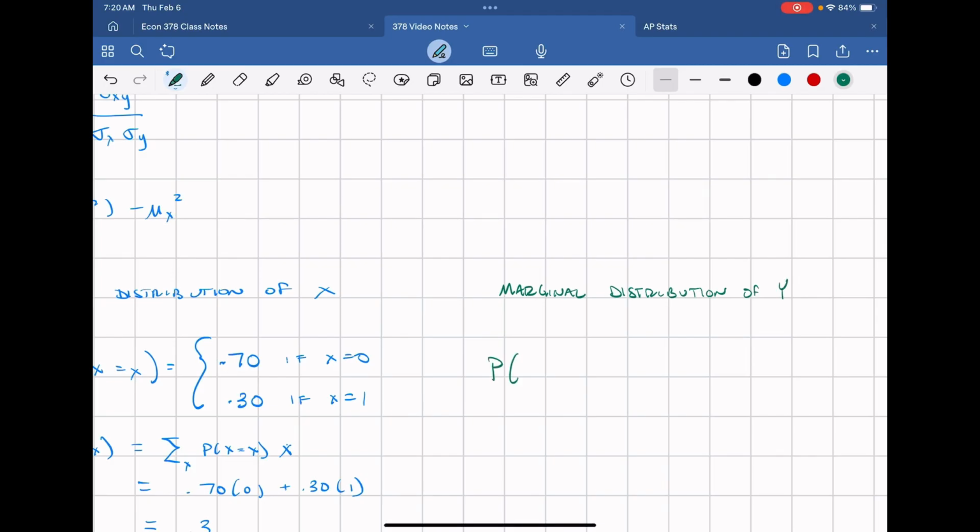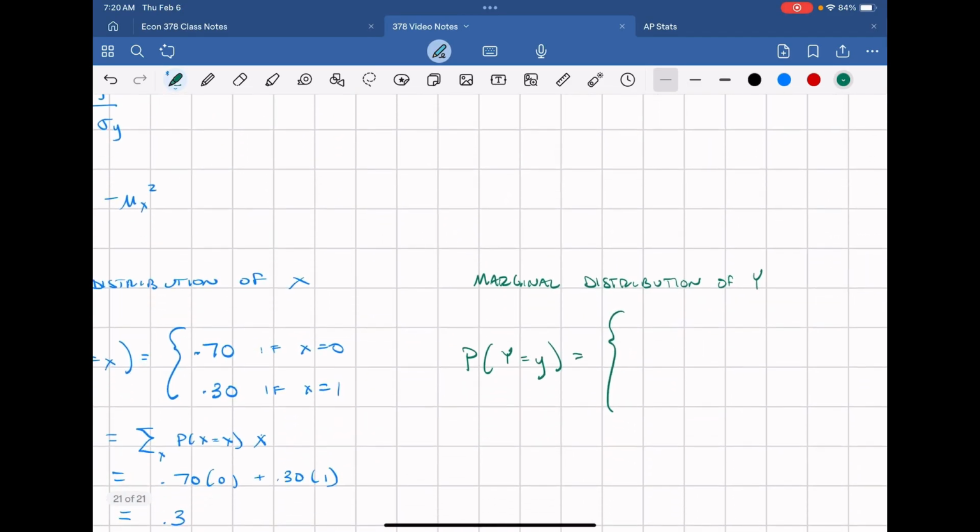There's a 70% probability if y equals 0, a 20% probability if y equals 1, and a 10% probability if y equals 2. Bringing it back to the example, it says there is a 70% probability that you'll have no accidents, a 20% probability you'll have one accident, and a 10% probability you'll have 2.